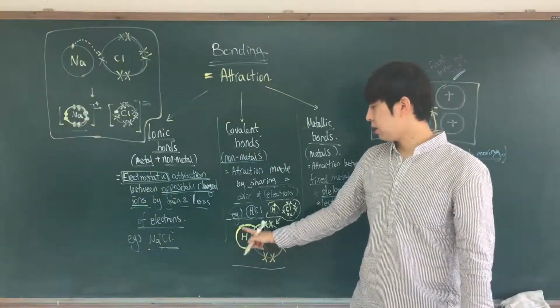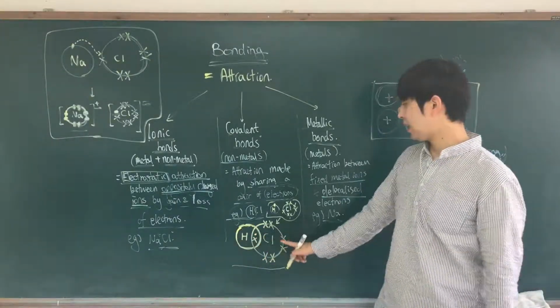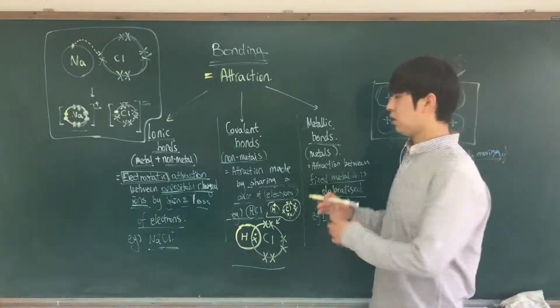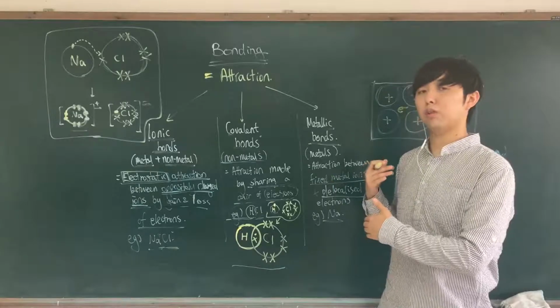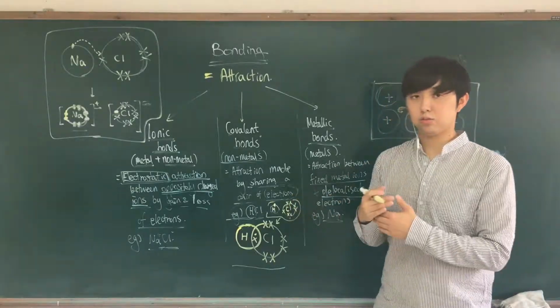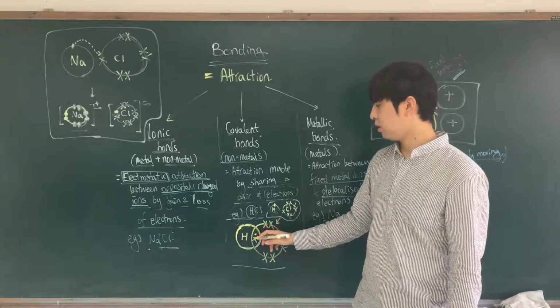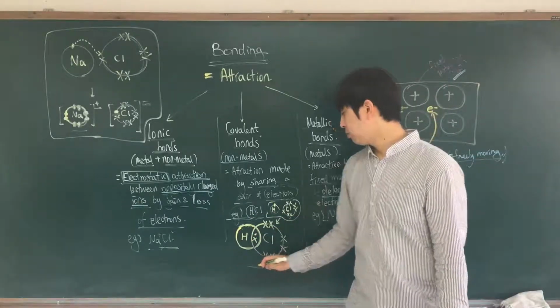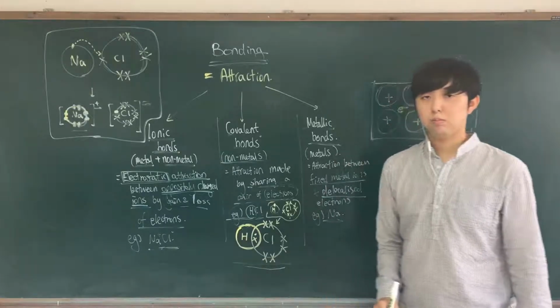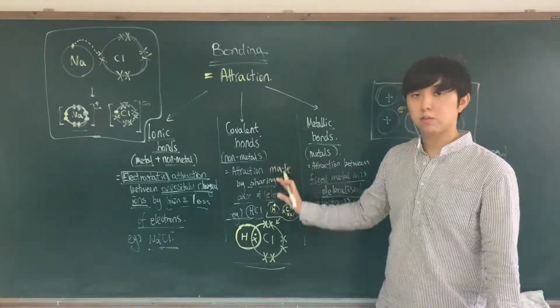So that's why the hydrogen needs 1 electron, and chlorine also needs 1 electron. So they cannot lose and gain electrons, because if they lose it, then they are not going to have a full outer shell. So they must have 1 electron from each side to be shared in the middle. So both H and Cl are now stable within the covalent bond.